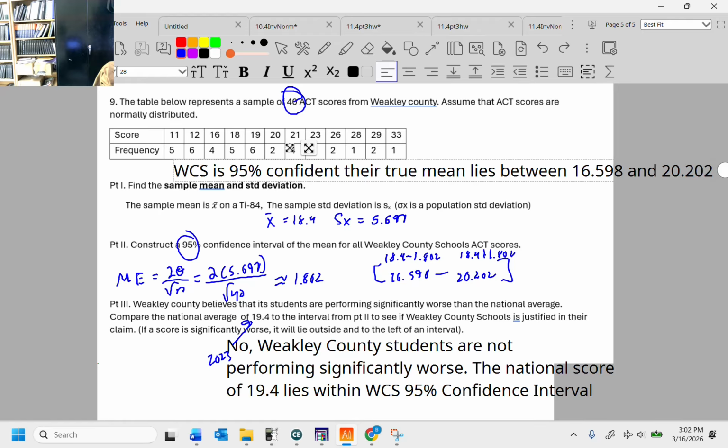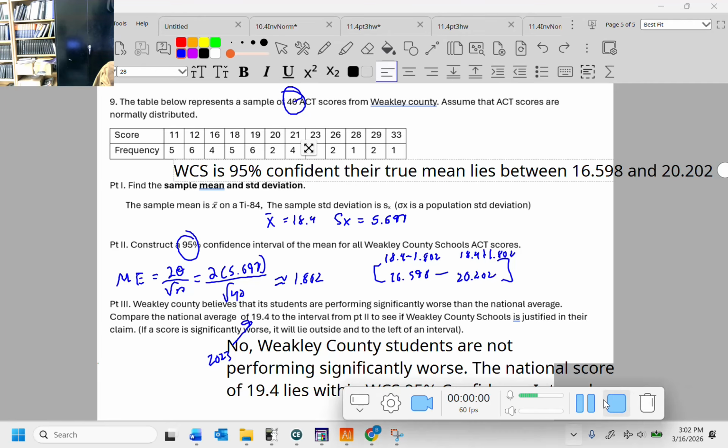So it turns out that Weakley County students, while slightly below average, are not significantly below average. Big difference in those things. And that's your homework off of 11.5. You're welcome.